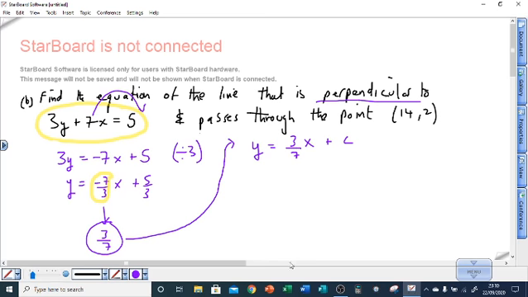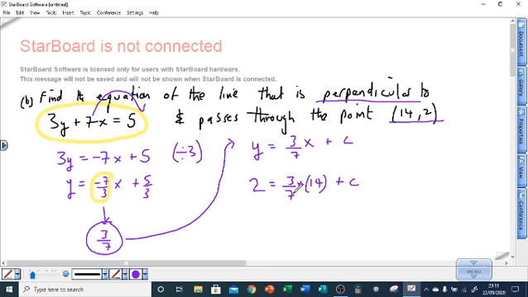Okay, so I've done the first bit. Now to work out what c is, I have to use this coordinate. That is saying when x is 14, y has to be 2. What will c have to be to make that correct? Well, let's solve it. Let's put y is 2, so let's rewrite it. That's replaced with 2, and this means 3/7 is multiplying by our 14, which is the x, and plus c.